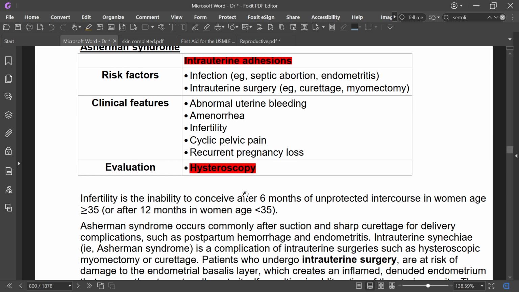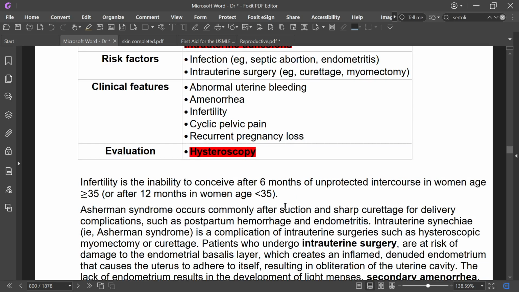Infertility is the inability to conceive after 12 months of unprotected intercourse in women less than 35, and after 6 months in women more than 35.